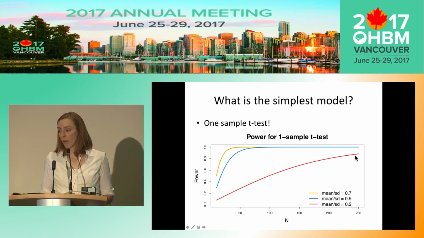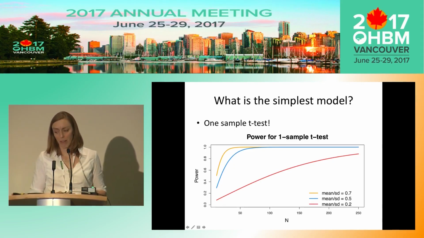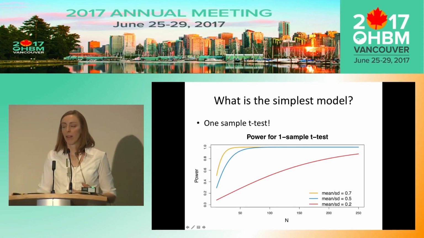Luckily for this type of test, we do often see things that are probably closer to this medium effect size, around 0.5, and that has 80% power at closer to 40 subjects. So again, it depends on the study, and hopefully you're a little bit familiar with the types of effects that this task would elicit, but if it's somewhere between medium and small, you're going to need upwards of 40 to 100 or more subjects just for a one sample t-test.